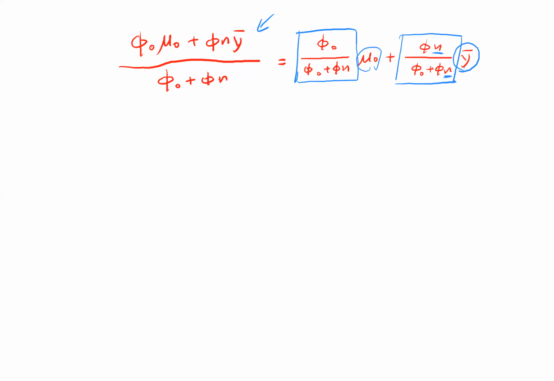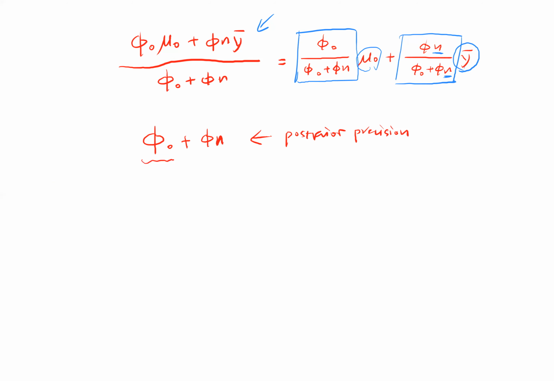Okay. Another thing interesting to see is looking at the precision itself. So we know that phi 0 plus phi times n is the posterior precision, right?